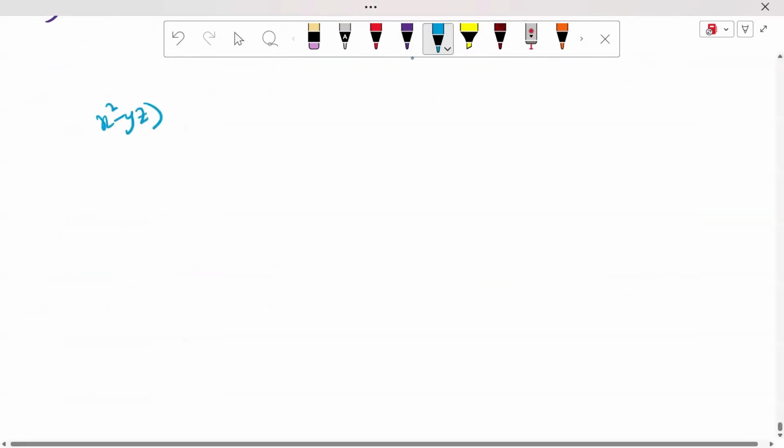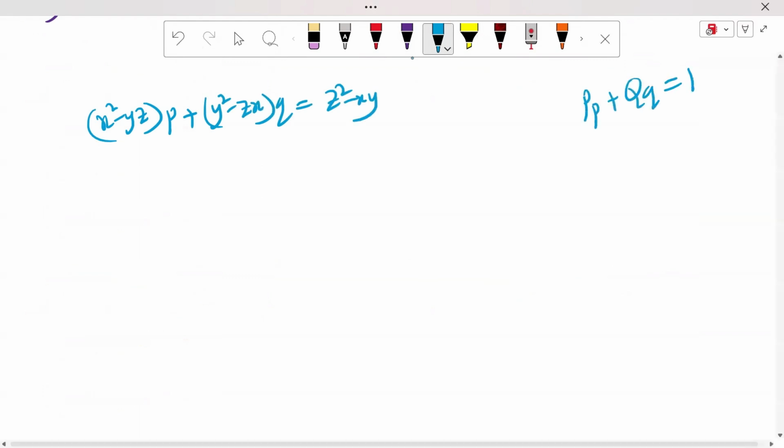What is the given question, sir? We can observe the given question: (x square minus yz) into small p plus (y square minus zx) into small q is equal to z square minus xy, sir, which is in the form of Pp plus Qq is equal to R, sir.